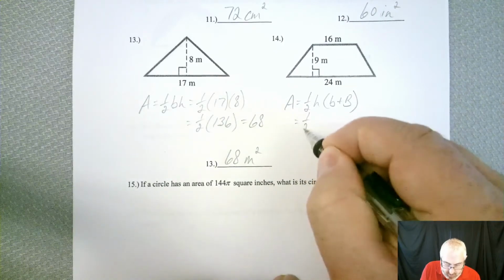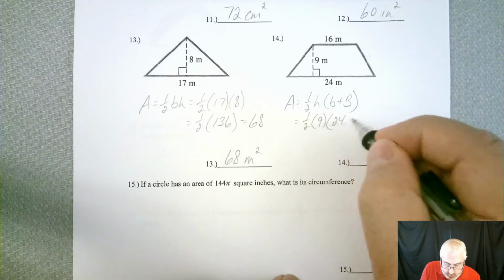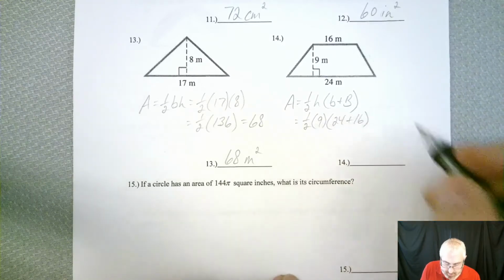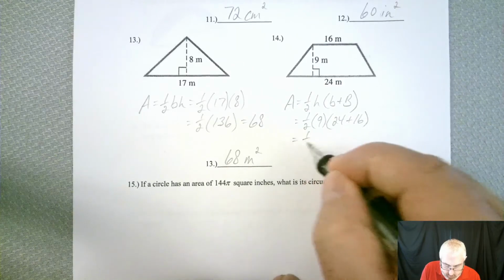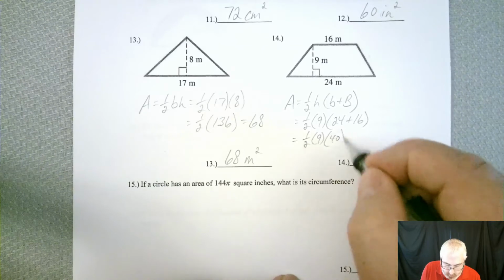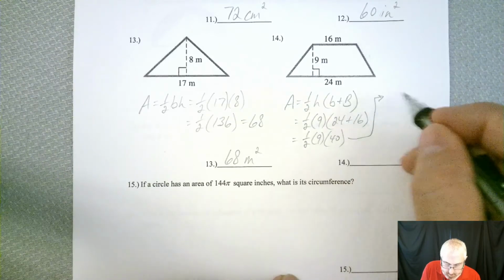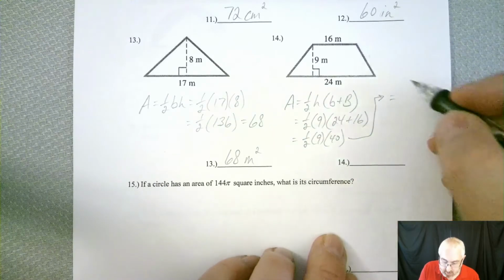So if we say half of 9 times 24 and 16, well, I'm going to go over here, I guess. So half of 9 times 40. Well, 9 times 40 is 360.